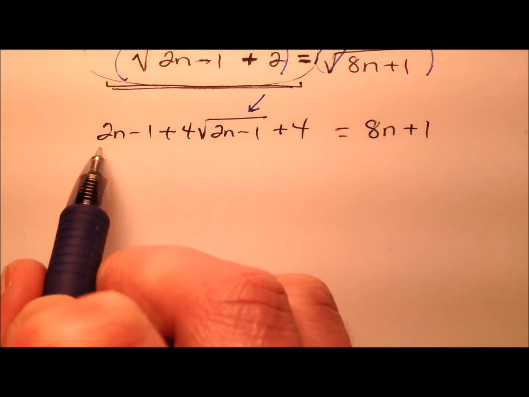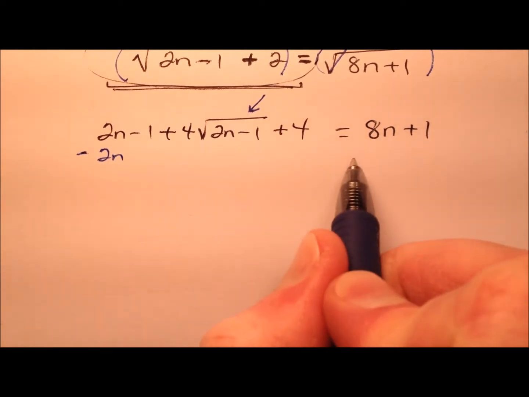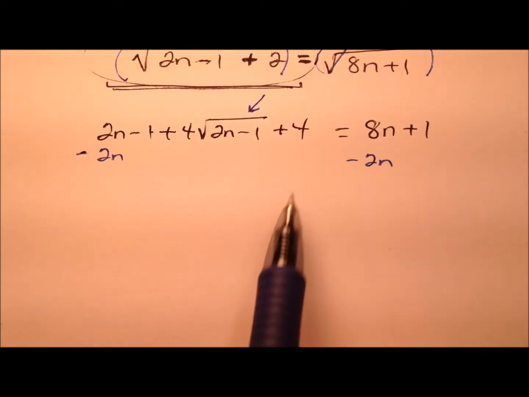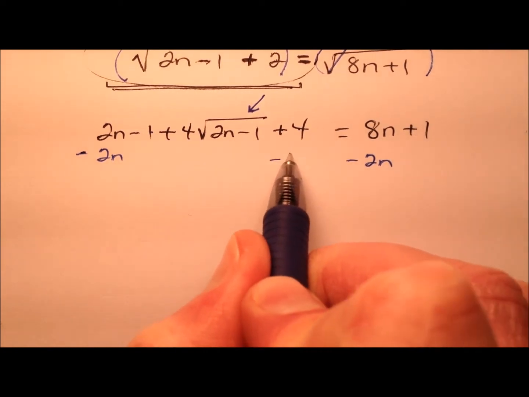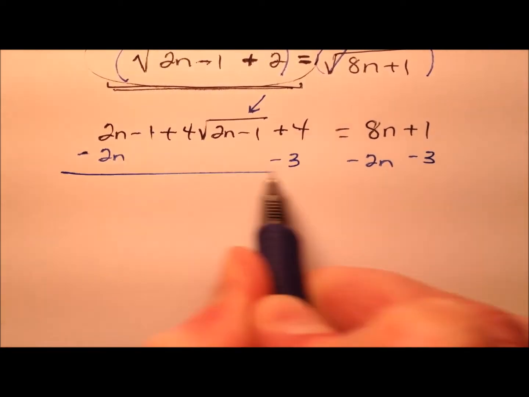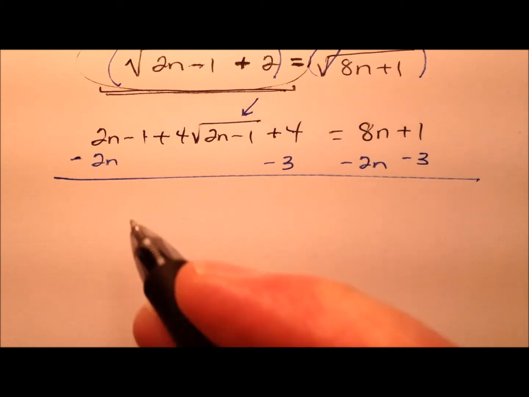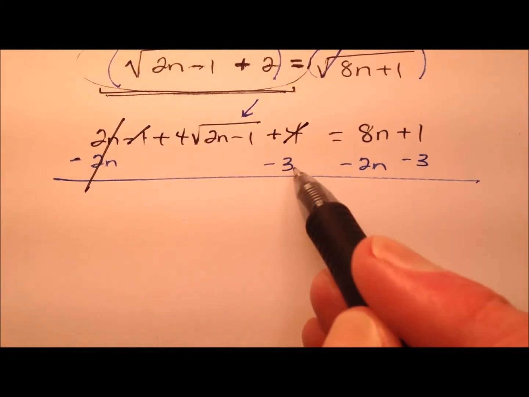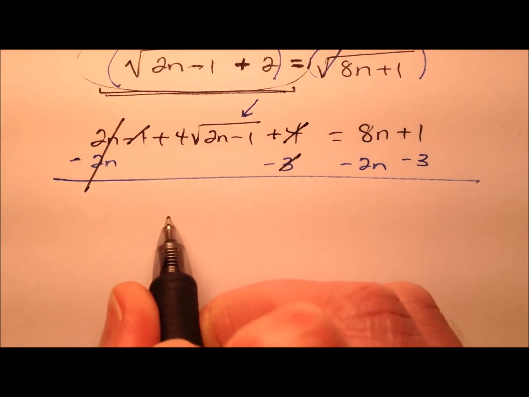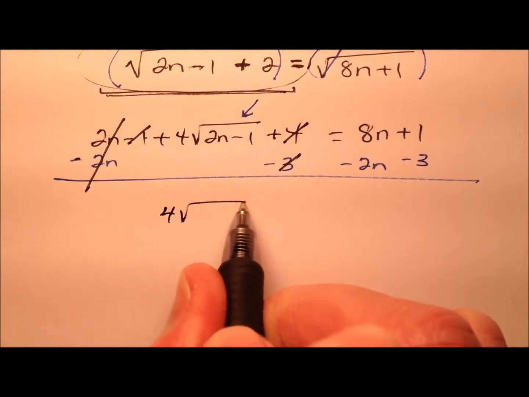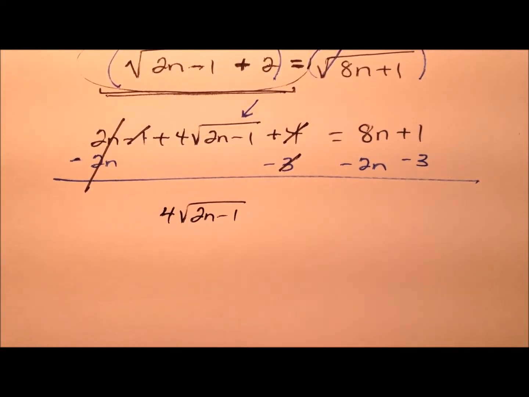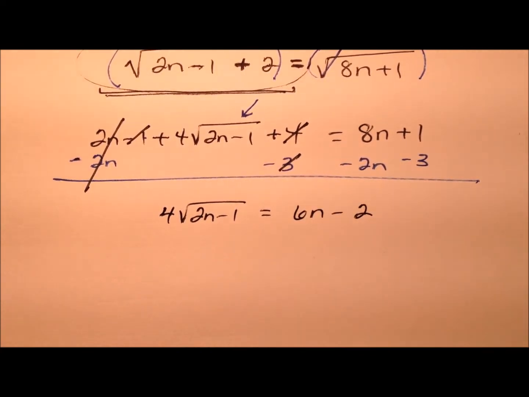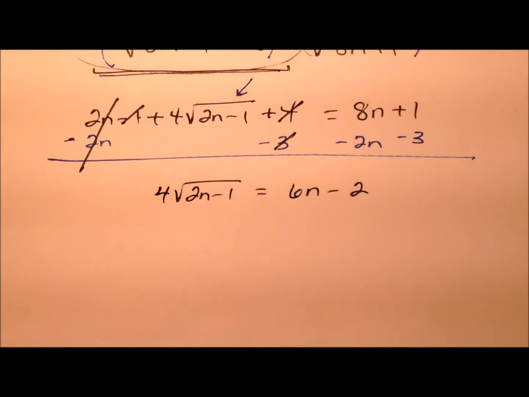So let's subtract 2n from both sides, and the negative 1 plus 4 makes 3, so let's subtract 3 from both sides. The negative 1, positive 4 and minus 3 all cancel out. So we have 4 times the square root of 2n minus 1 equals 6n minus 2.